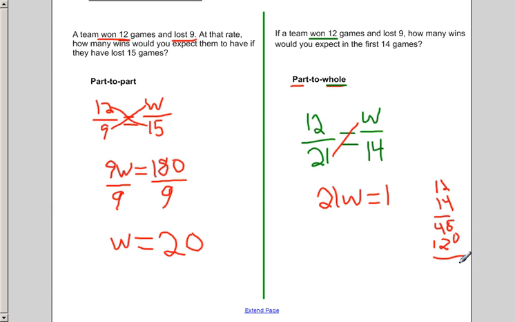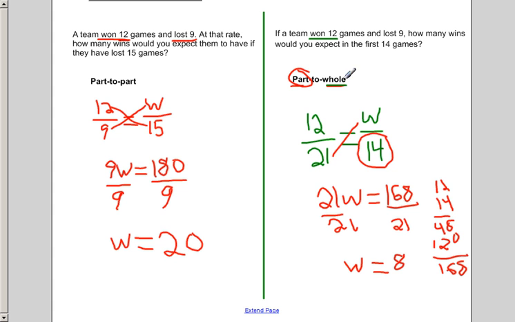Trying to do this quickly here. 168. And then when we divide by 21, we find that W is equal to 8. So we would expect them to have 8 wins, that's the part, to 14 total games, and that's the whole.